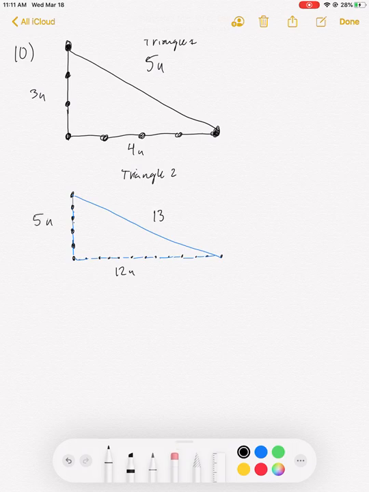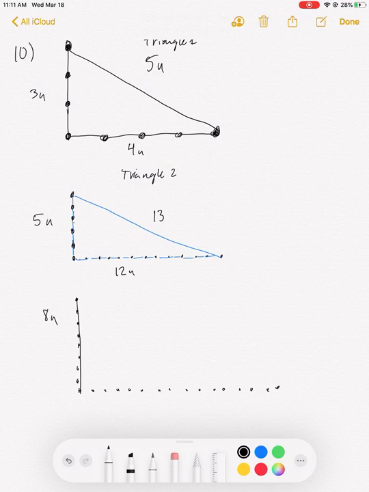All right, so next, this one is 8 units and then 15. Okay, so we have 8 units this way. I'm going to write this down just to help me remember again. 1, 2, 3, 4, 5, 6, 7, 8. So 8 units this way. 1, 2, 3, 4, 5, 6, 7, 8, 9, 10, 11, 12, 13, 14, 15.